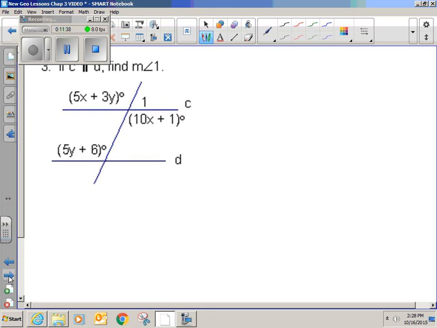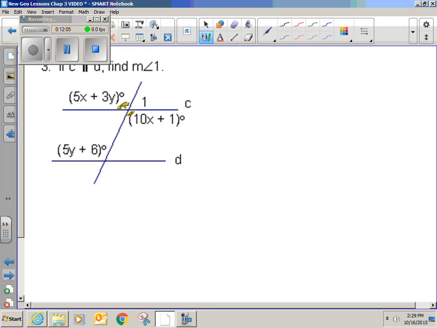All right, we'll try one more problem here. It looks like I'm going to have to come up with a system. It says here that line C is parallel to line D, which means there's actually at least three equations I can think of that I can come up with to figure out some equations. I'm going to need 2 because I have both x and y. Let's look right here, first of all, in this green here.